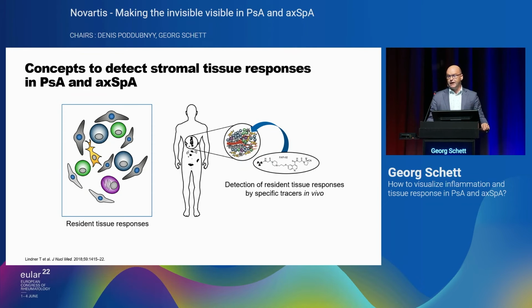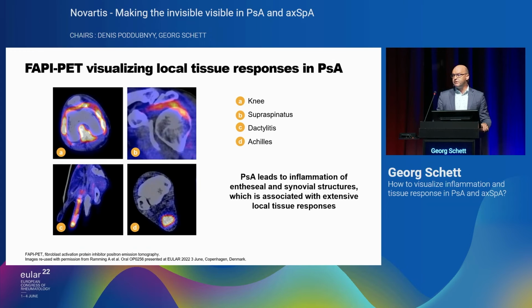And there is a technology which is borrowed from oncology to assess tumor stroma activation. Basically, you could use a tracer against fibroblast-activated protein, which is labeling activated fibroblasts. And this is extremely effective in spondyloarthritis and in psoriatic arthritis.